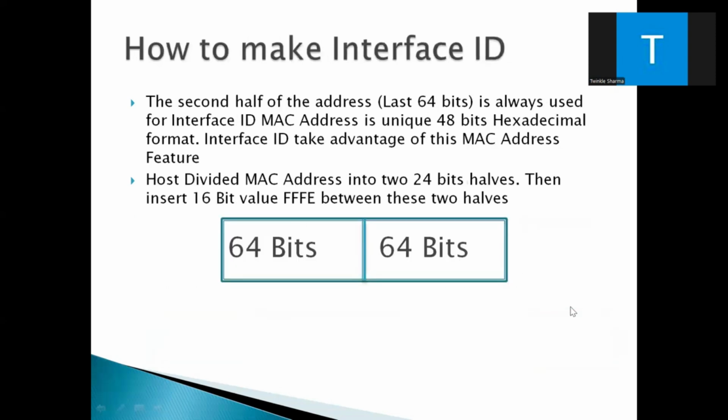How to make the interface ID. The second half of the address, the last 64 bits, is always used for the interface ID. A MAC address is a unique 48-bit hexadecimal value. The interface ID takes advantage of this MAC address feature. The host divides the MAC address into two 24-bit halves, then inserts the 16-bit value FFFE between these two halves.